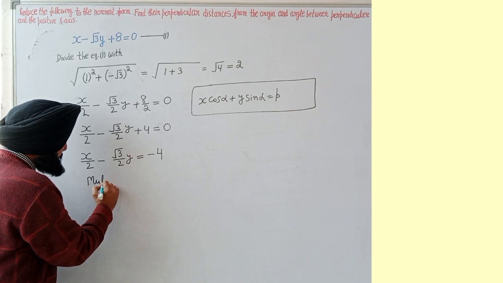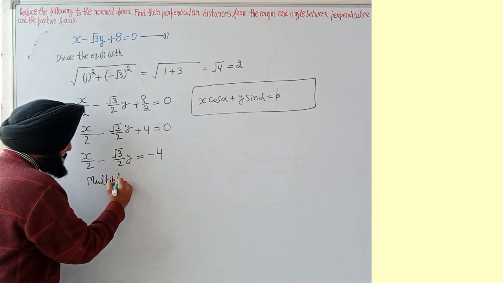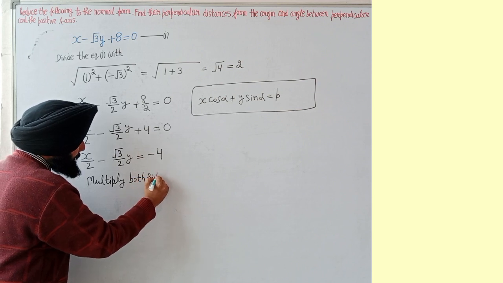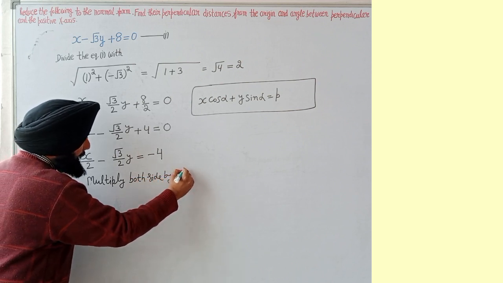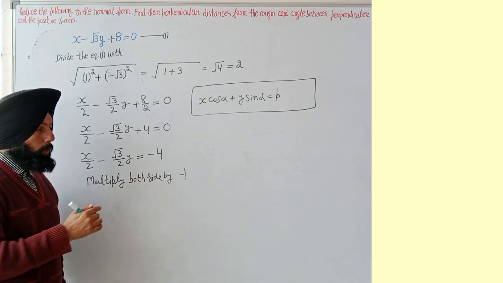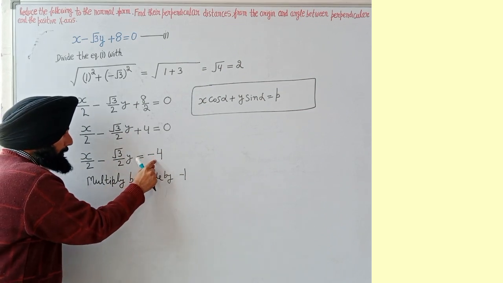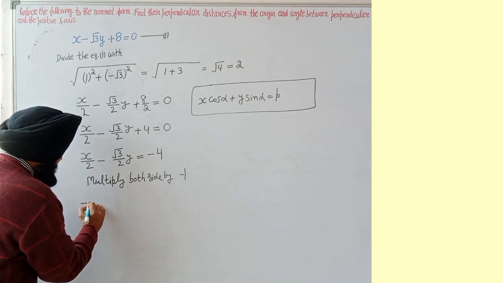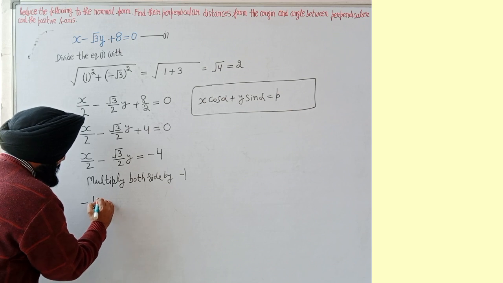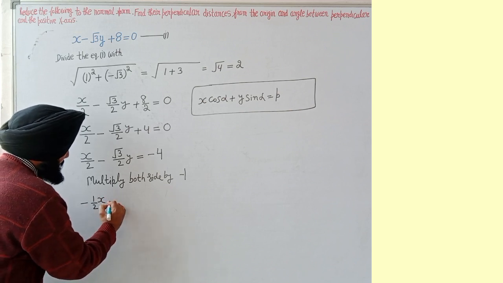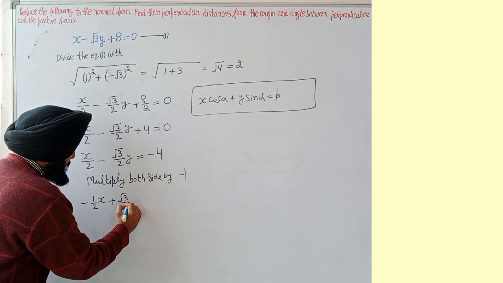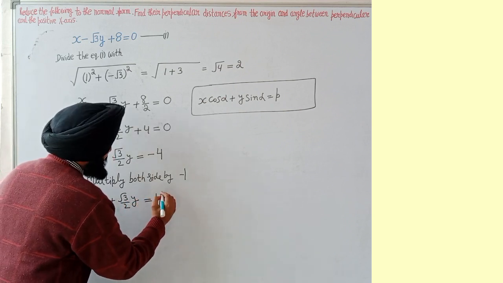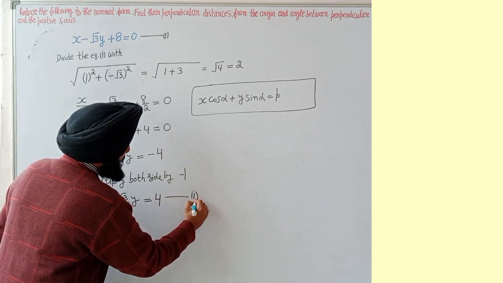Multiply both sides by negative 1 to make this negative 4 positive. So this becomes 1 over 2 x negative plus under root 3 over 2 y equal to 4. This is our equation number 2.